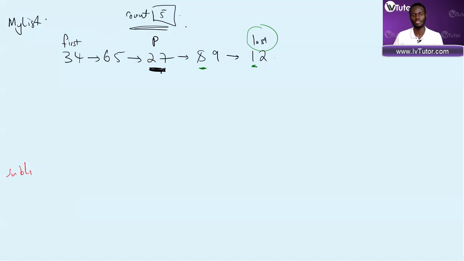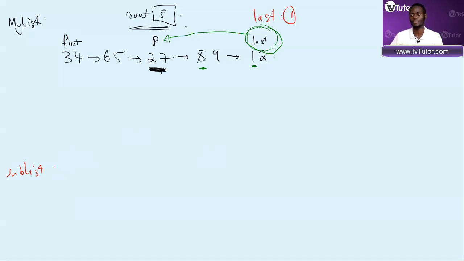So I would move last of sublist to this node as my step number 1. As my step number 2, I would move this last here to this node, so that this becomes my last.